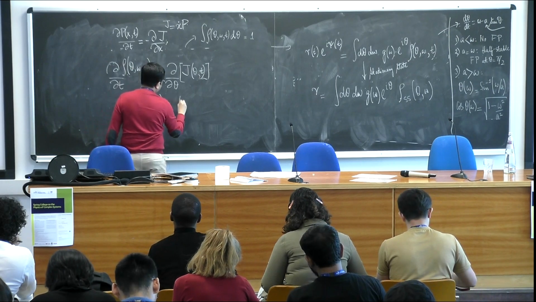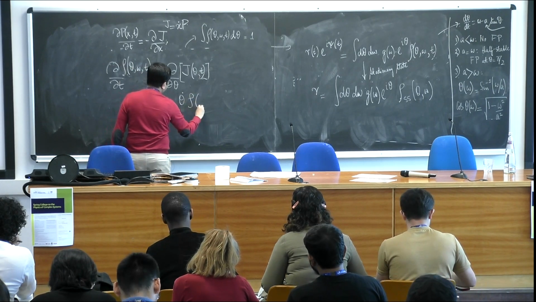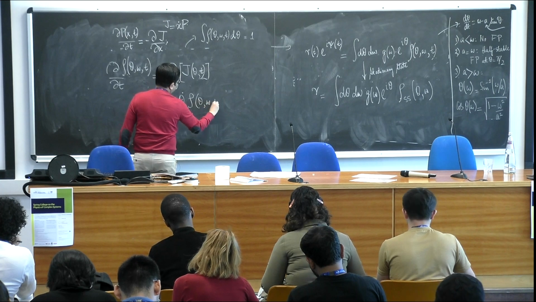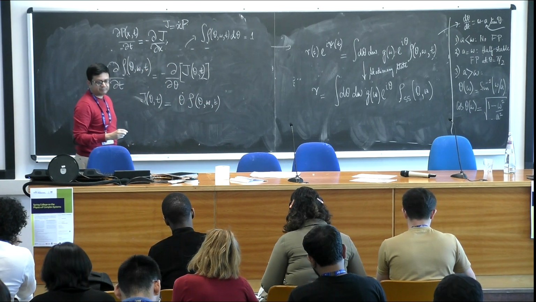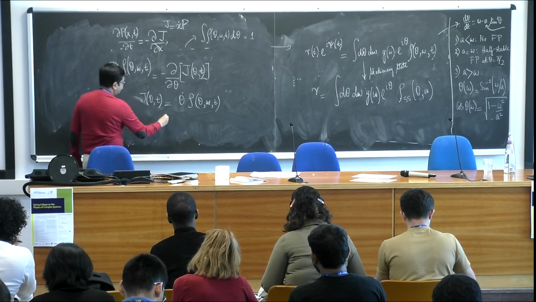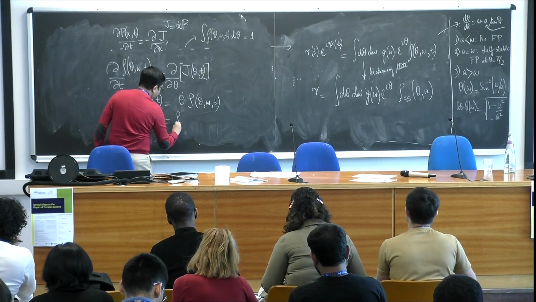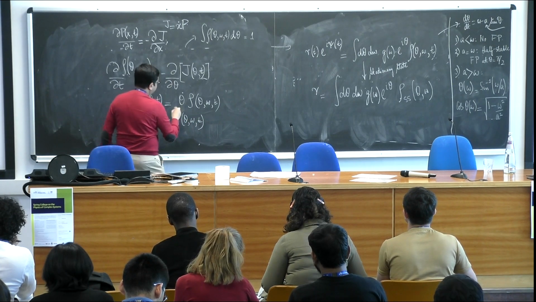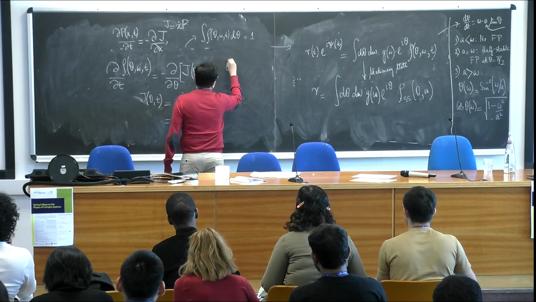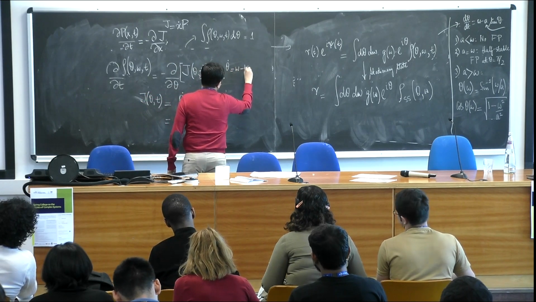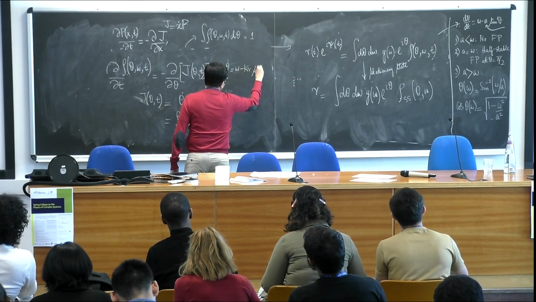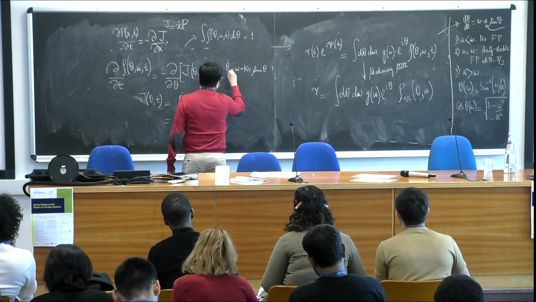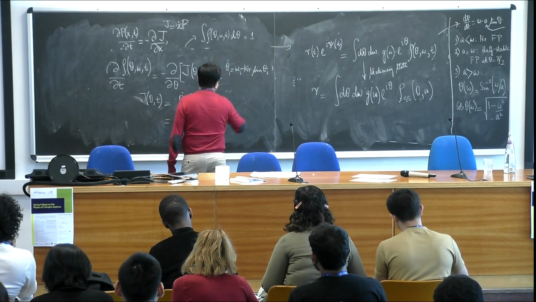It would be theta dot times rho of theta, omega, t. But I want to scare you a little bit, and therefore let me write down this equation. You will see what a horrible equation this is. What is theta dot? Theta dot is omega minus k r sine theta.